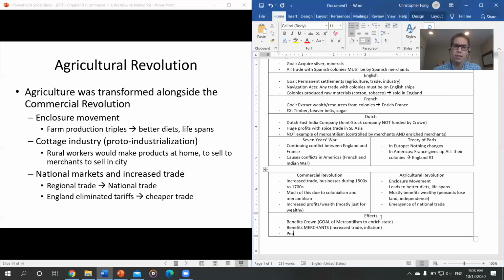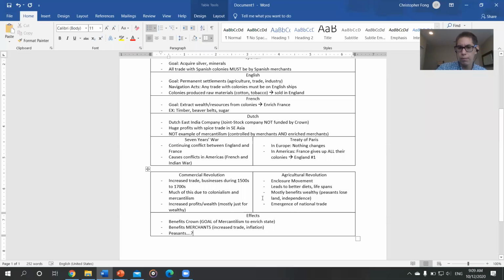And then for peasants, I'm just going to kind of put a question mark here because we're seeing both with peasants. We're seeing them being a little screwed over with the enclosure movement. And because of the cottage system, they do have some new opportunities. Because of the enclosure movement, they do have access to more foods. So it's kind of both.